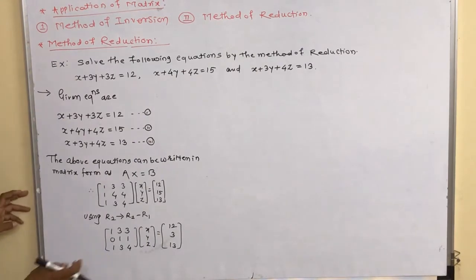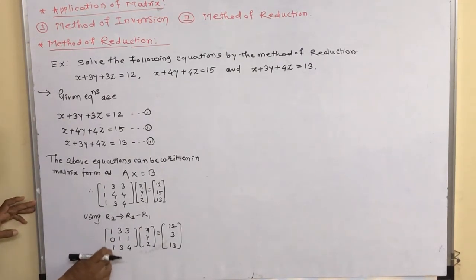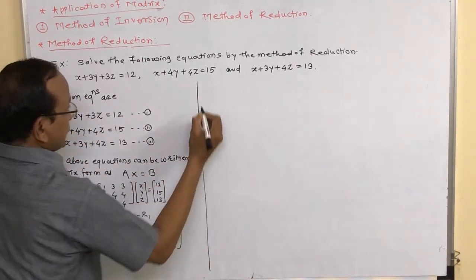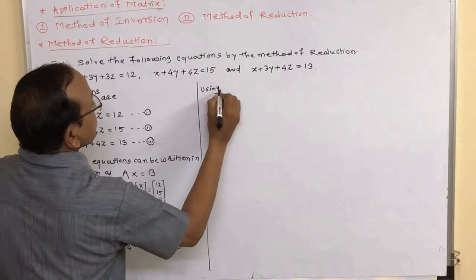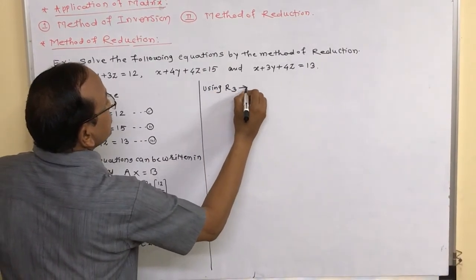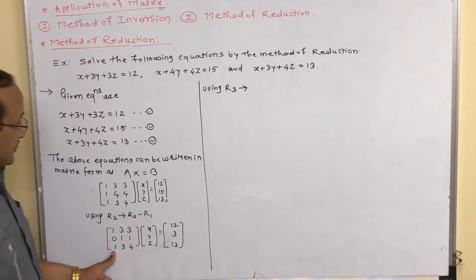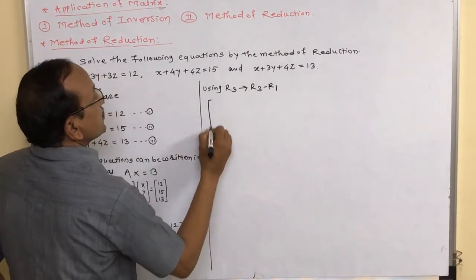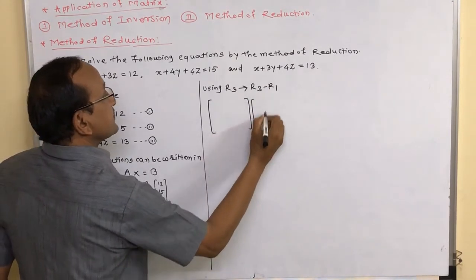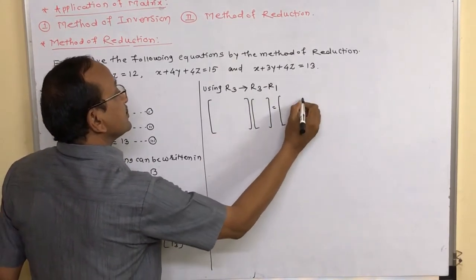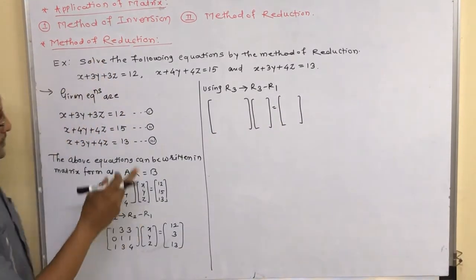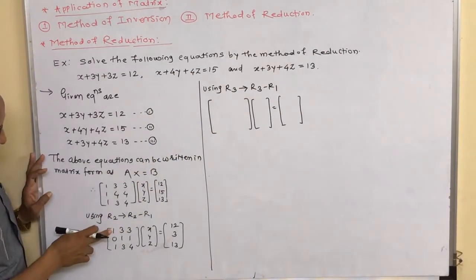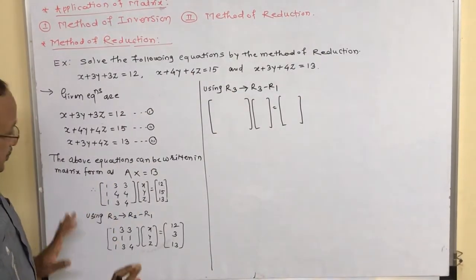Now how to obtain the zero in the third row? By using the operation R3 implies R3 minus R1. The change is only in the third row, so the elements of the first and second rows stay as they are.